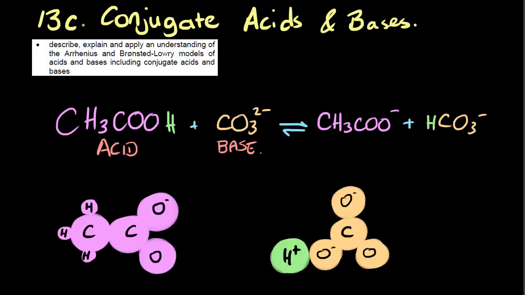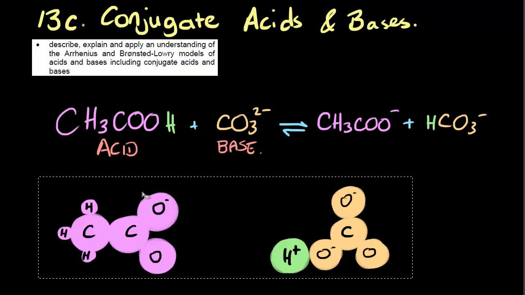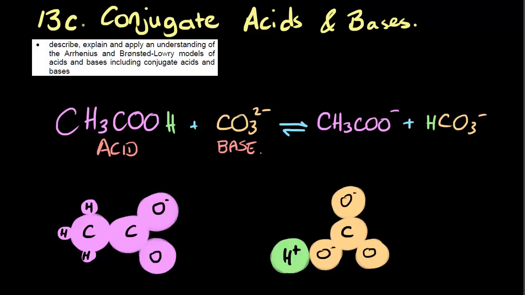But like I said, this is a reversible reaction. What's currently shown down here is the two products, acetate ion on the left and hydrogen carbonate ion on the right. However, these two can react once again to form the reactants. So if I'm going to reverse the reaction, I need to give this H+ back to the acetic acid.